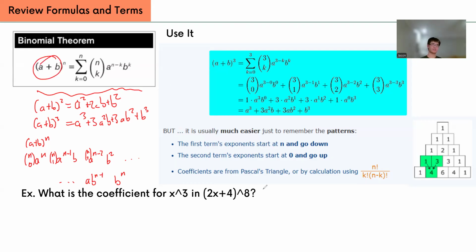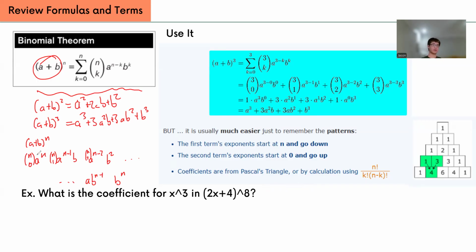If you wanted to expand something like (a + b + c) to the n, it would be a little trickier. It's a fun challenge later on, if you get bored, to find a general form for this. But it's called binomial because the thing inside is a binomial term.